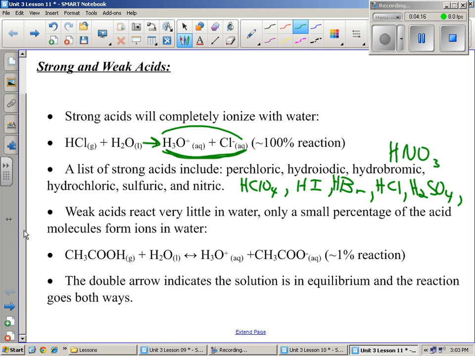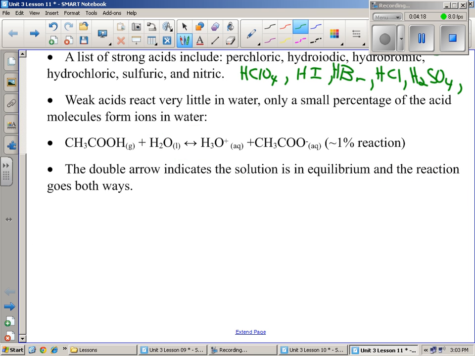Here's an example of a weak acid. We've done this one before too. Look, double arrow. Still forms this and it still forms that, but look at how much actually ionizes. About 1%. So out of 100, you get 1 of those.